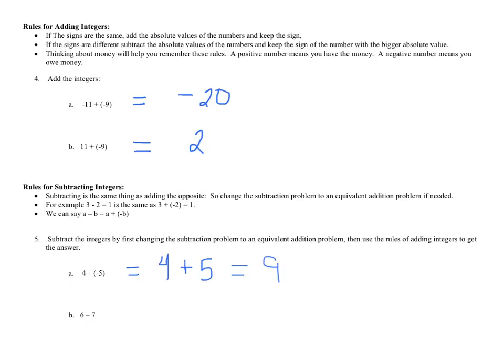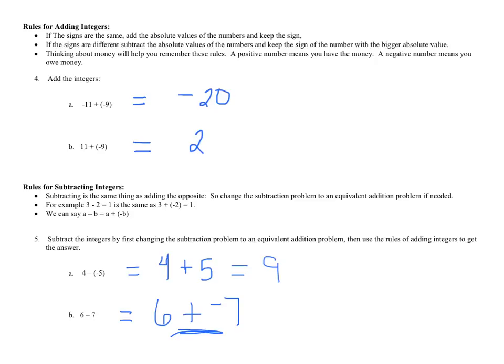Now for part B, I have 6 minus 7. So here I want to add the opposite, so that means I'm keeping that 6, I'm changing the middle subtraction to addition, and the opposite of positive 7 is negative 7. So you see I've changed both middle signs.